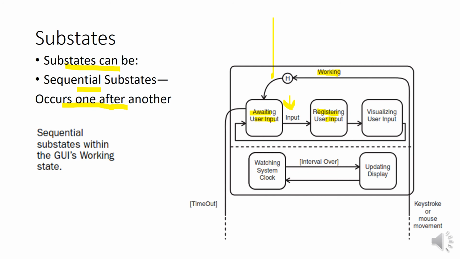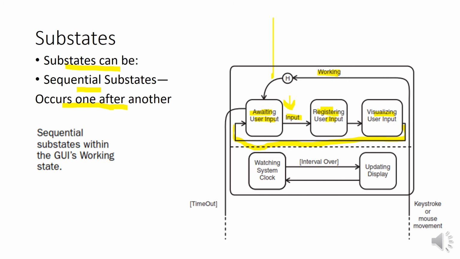User input triggers the transition from awaiting to registering substate. Activities within registering transition the GUI into visualizing. After the third state, the GUI goes back, as you can see the back arrow. So the GUI goes back to the awaiting user input state.